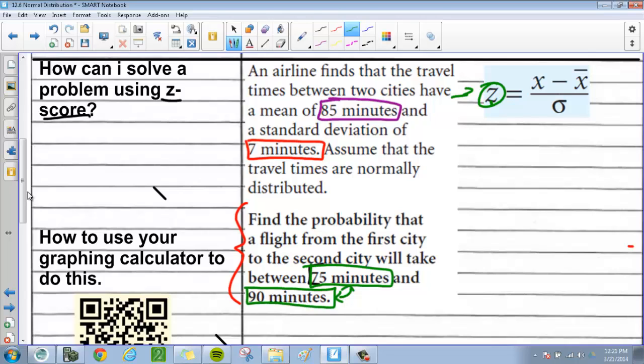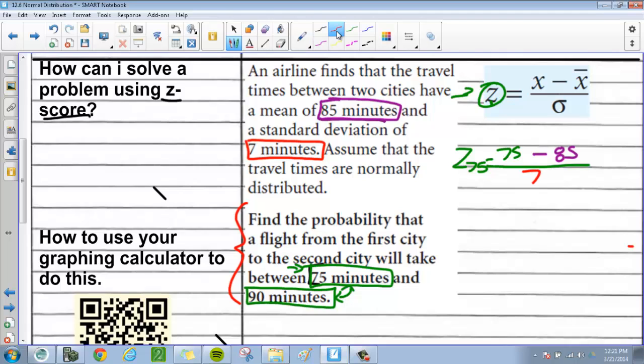So first, let's find the z-score for the 75 minutes right here. I'm going to put z with a subscript 75, just so we can remember which one we're talking about. The z-score of 75 minutes is equal to our given value, 75, minus our mean, so we subtract the 85 minutes, and then divide that by the 7, our standard deviation.